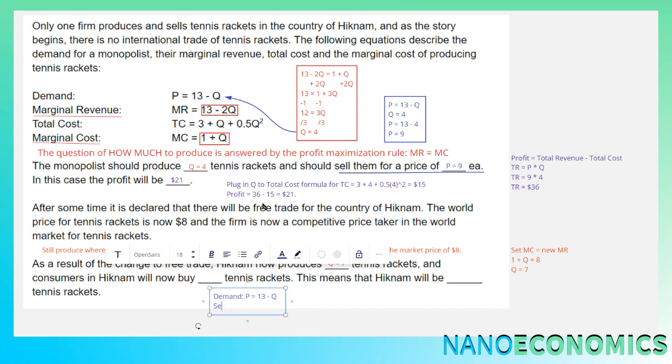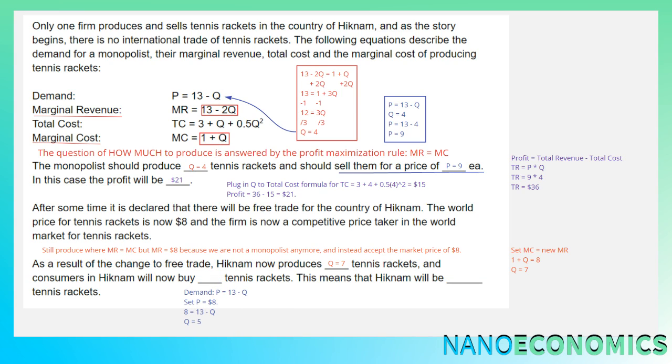So set P equal to $8. We end up with 8 equals 13 minus Q. And Q equals 5, or 13 minus 8. So here in Hicknam, we now buy 5 tennis rackets.